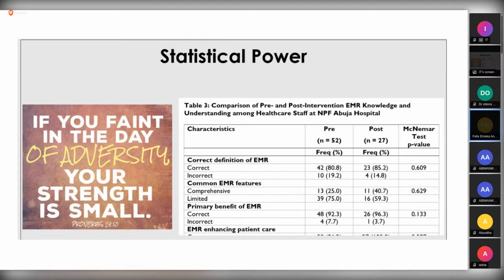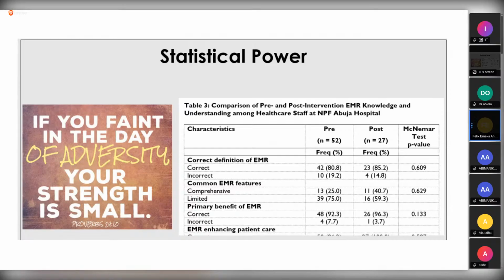Okay. So for you to calculate sample size, you have to look at statistical power. Now, this is very, very important because it guides sample size determination. Now, there's a portion in scripture, Proverbs 24 verse 10, I like quoting it. It says, if you faint in the day of adversity, your strength is small. That also applies to statistical power.